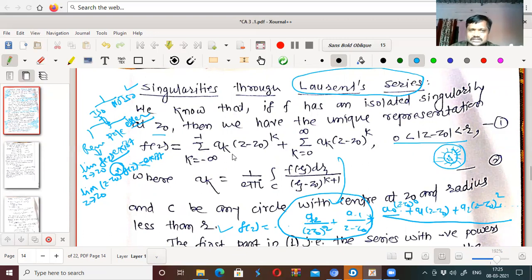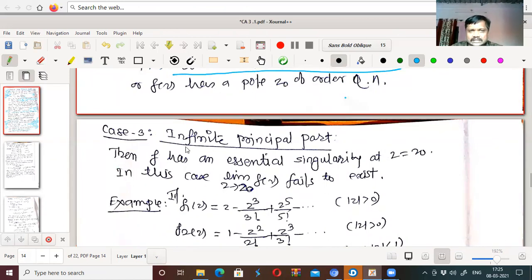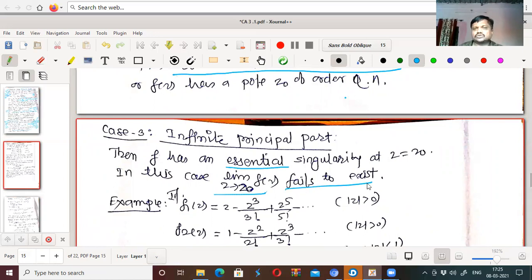Number 1, no principal part. Number 2, finite principal part, and number 3, infinite principal part. Now, if f has an infinite principal part in the Laurent series expansion, then the third type of singularity happens. That is what? Essential singularity, because the limit as z tends to z0 of f(z) fails to exist.